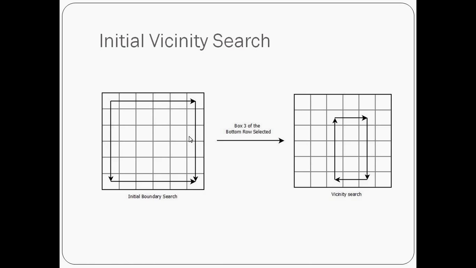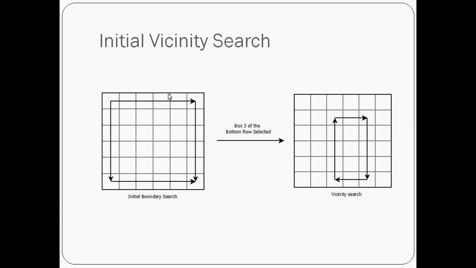So say box 3 row is selected with the maximum correlation. So what we do is then we perform another second stage vicinity search, where it is just confined to the blocks above and the blocks to the right, and the whole rectangle which would be encompassed if we went round and came back to the initial box.